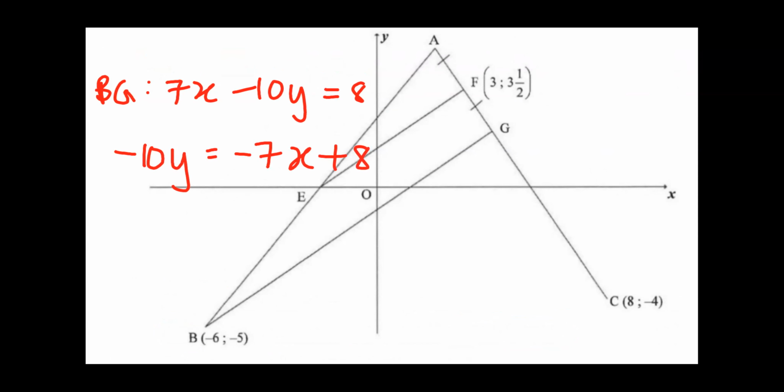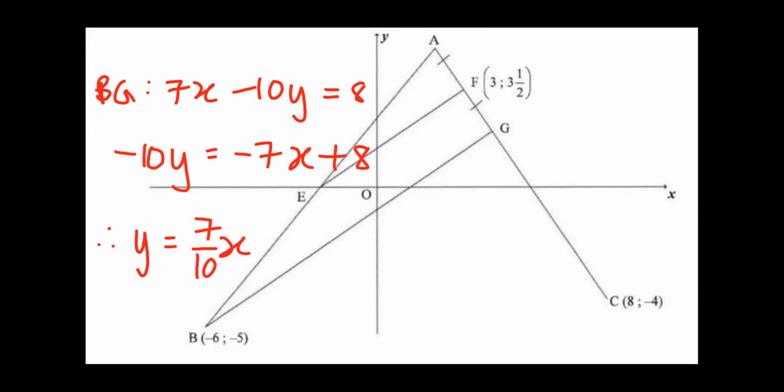I guess another thing I'll do is divide everything by the -10. So then y is equal to -7 divided by -10, which should give us +7/10 with the x.